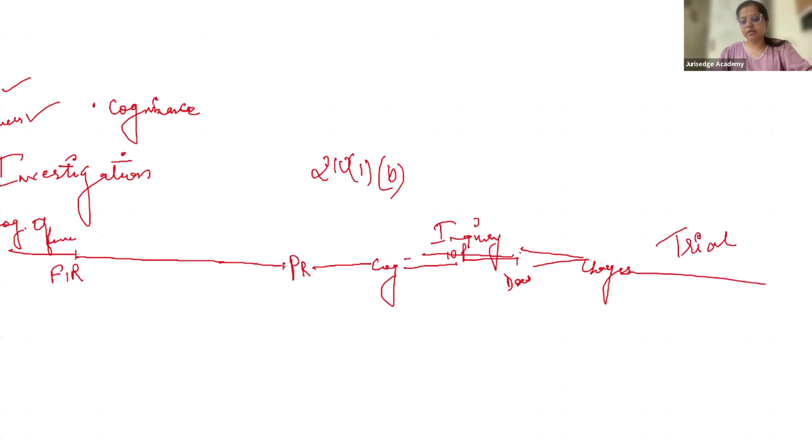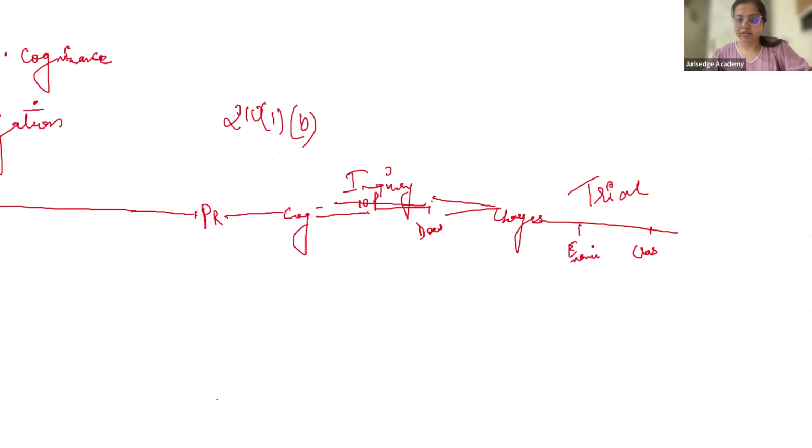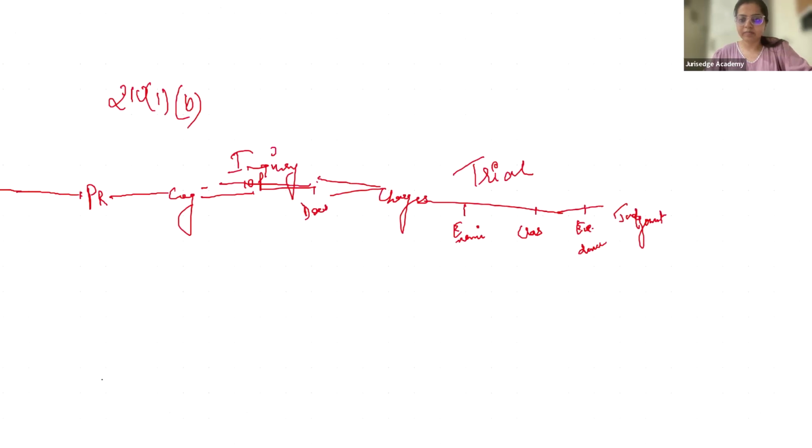After charges are framed, the examination of witnesses happens, then cross-examination happens, sometimes re-examination happens, appreciation of evidence happens, then the judgment is pronounced. Then if there is an appeal on the judgment, then it is a continuation of the trial only. So this is an elaborated form of the trial.